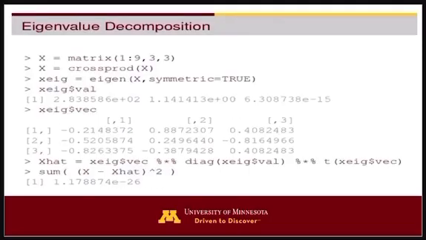That one is talking about the eigenvalue decomposition. I have X from 1 to 9 with dimension 3 by 3, a square matrix. And X cross product X. Then I want to get the eigenvalues. That's why I say eigen. Look at that.